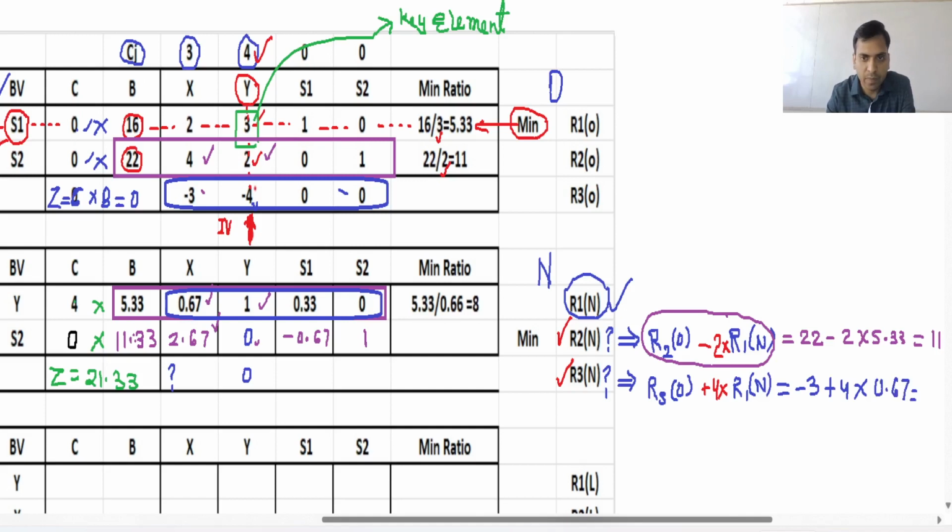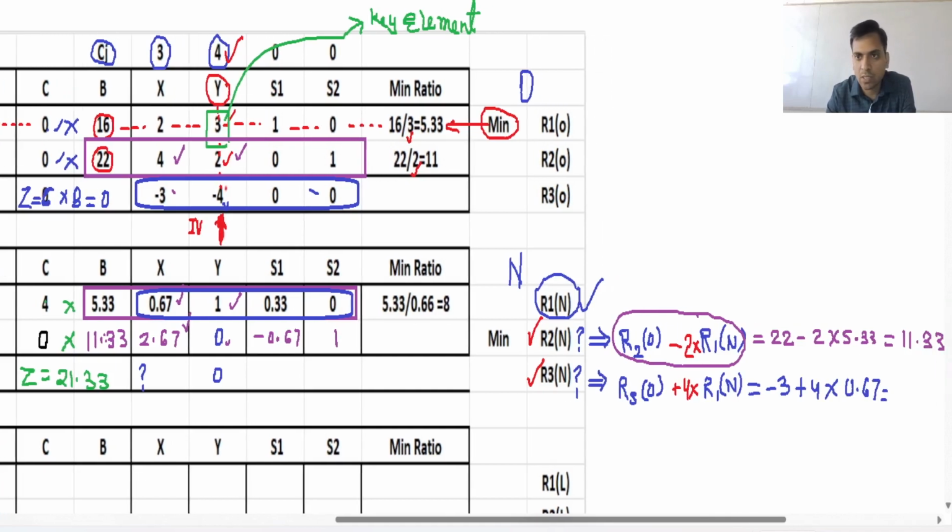Then you will get this value as minus 0.33.